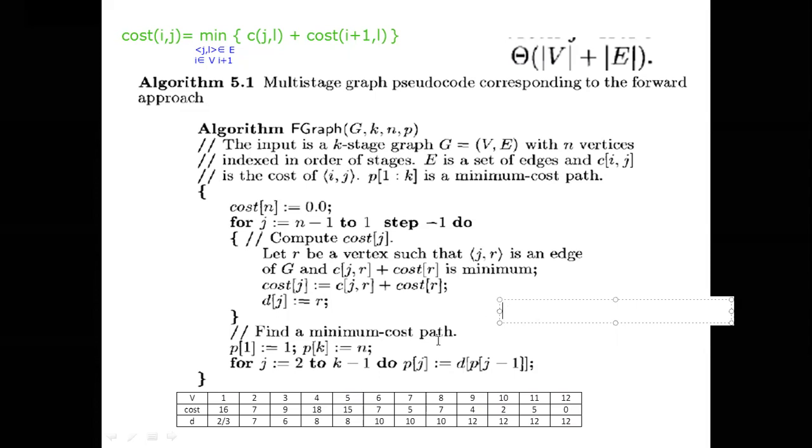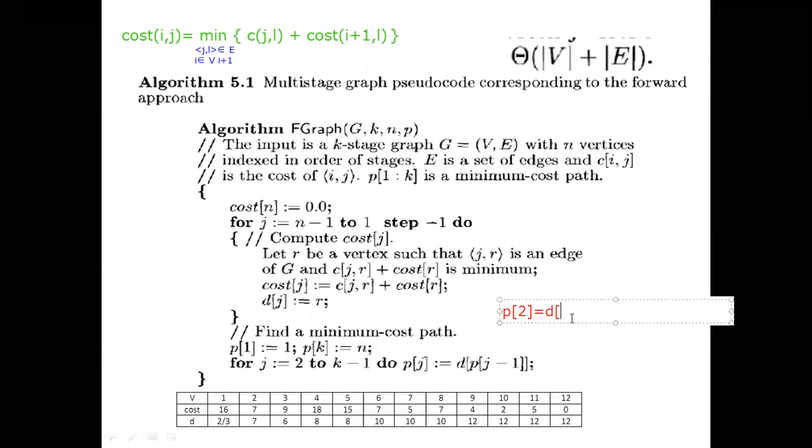Now the answer I have to get is 2, because P of 1 is 1. Next vertex we are going to visit is 2. 2 or 3, I will go with 2. How to get it? We will see this formula. P of J, what is the J value? It is 2. P of 2 equal to D of P of J minus 1.